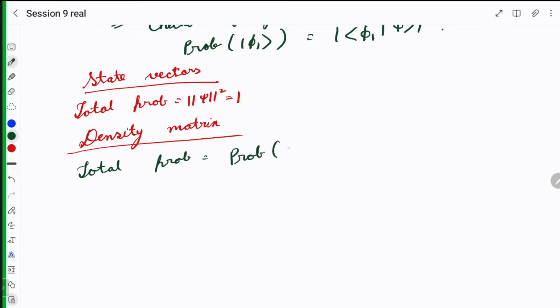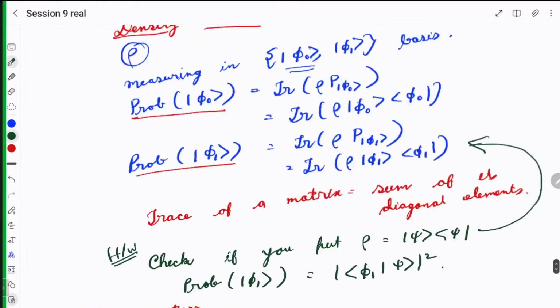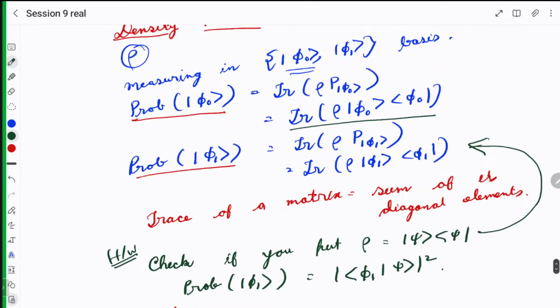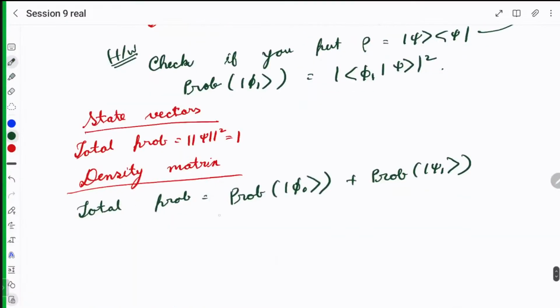And here we have seen that the probability of getting phi naught is the trace of rho P phi naught, and the probability of getting phi 1 is the trace of rho P phi 1.